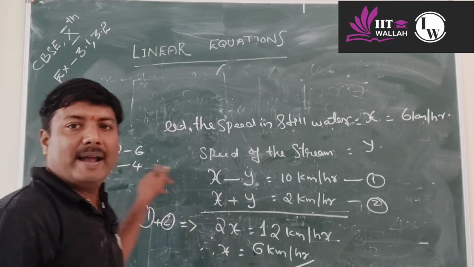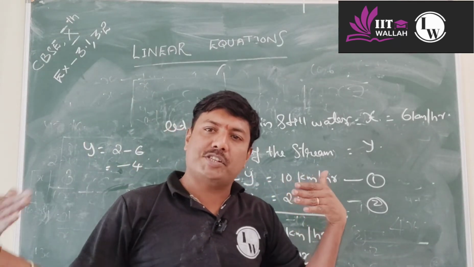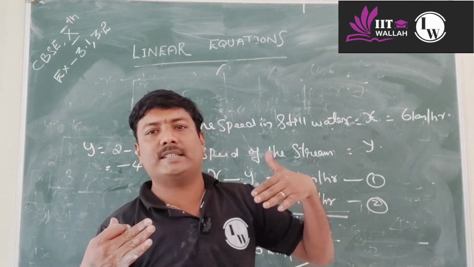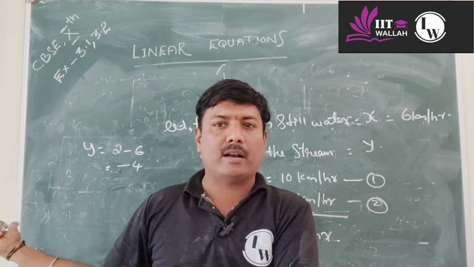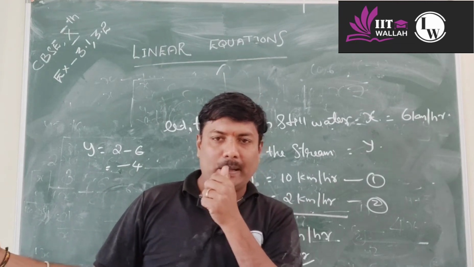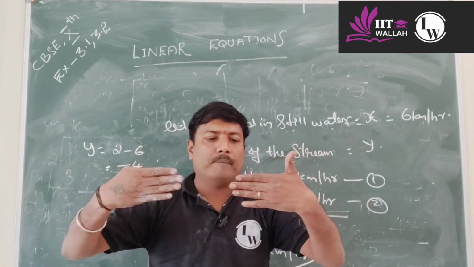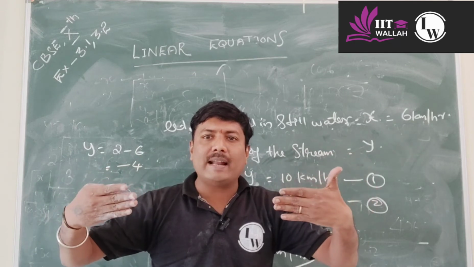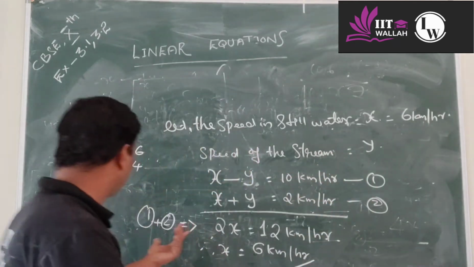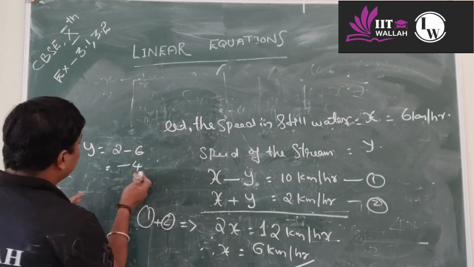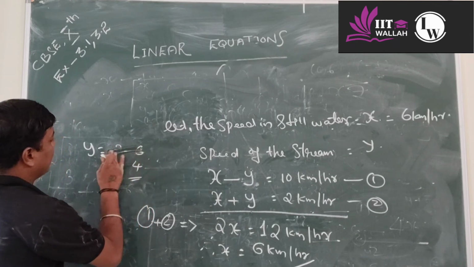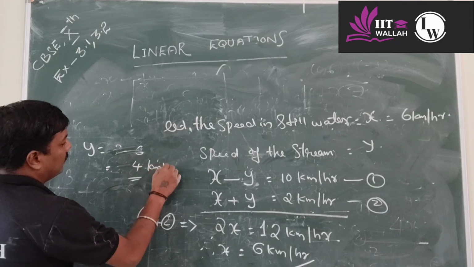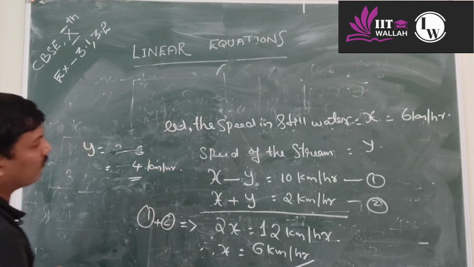This minus indicates that the direction of the flow is opposite of your motion. That is the meaning of the negative here. You don't worry about the negative. That means both are in the opposite direction. So you can just take the numerical value 4. So y is nothing but 4 kilometers per hour, the speed of the stream.